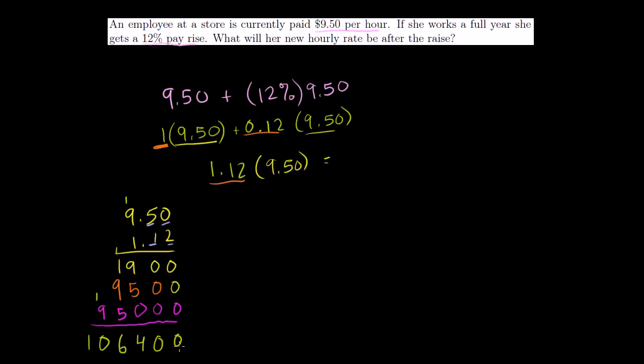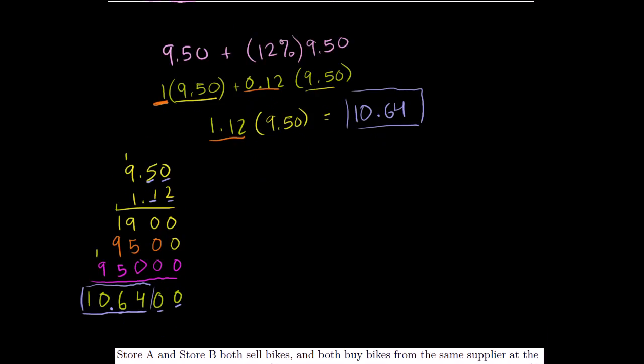So in our answer, we have to have 1, 2, 3, 4 numbers behind the decimal. So her new salary will be $10.64 per hour. You don't have to write those trailing zeros right there. So this is her new hourly rate after the raise.